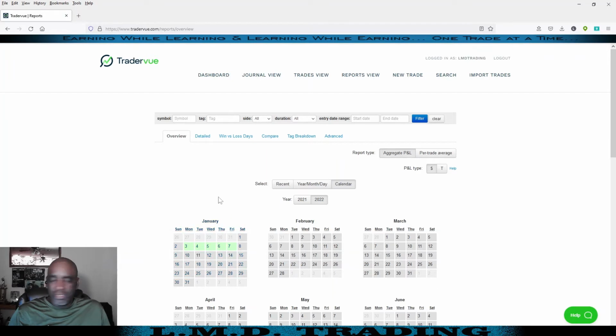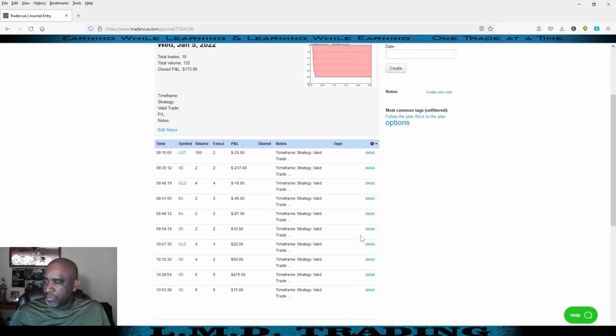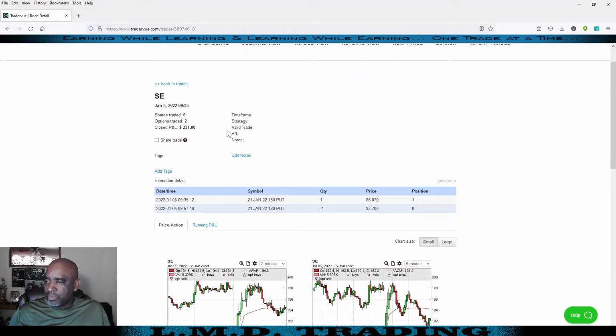Particularly a trade that was taken on SE. And I'll go ahead and pull both of those up on SE and show the numbers for them. So where was the first one? So this here was the first one.